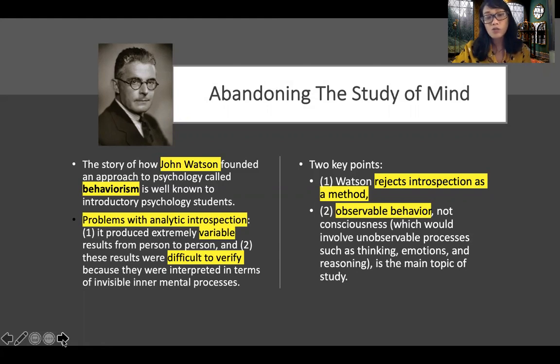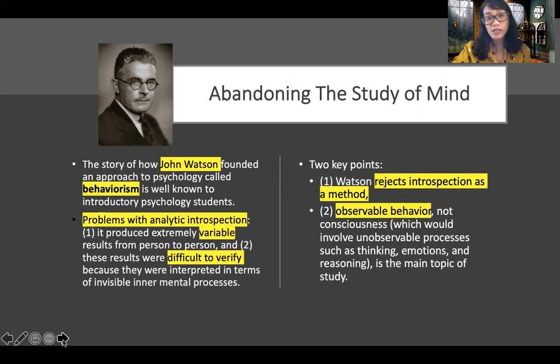So in response to what he perceived as a deficiency in analytic introspection, Watson proposed a new approach called behaviorism, as you may have already learned in general psychology class. He used observable behavior as the means of study. So he only observed the behavior. He did not want to measure the mind.